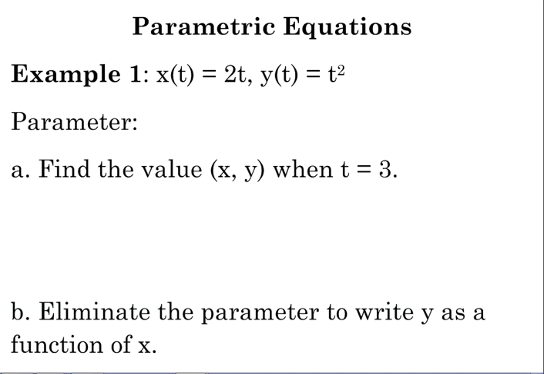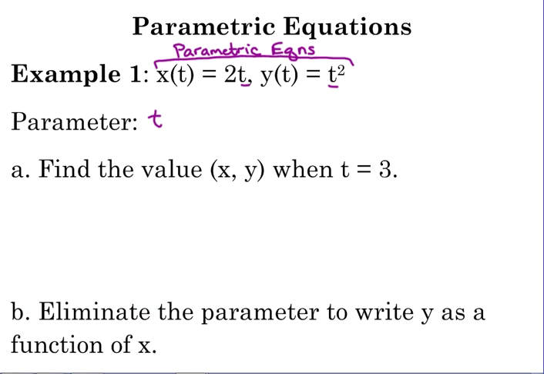Those are what we consider the parametric equations when they're put together. The parameter is the variable that shows up in both equations. So in this case, the parameter is the variable t.